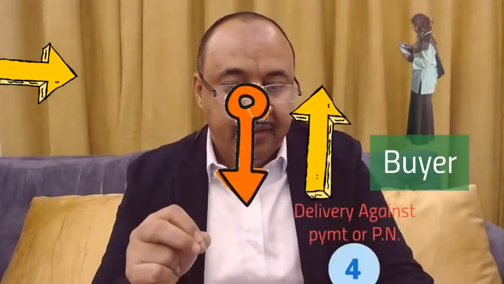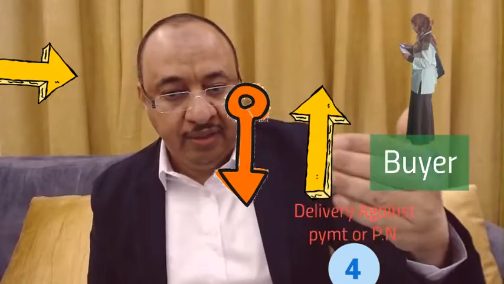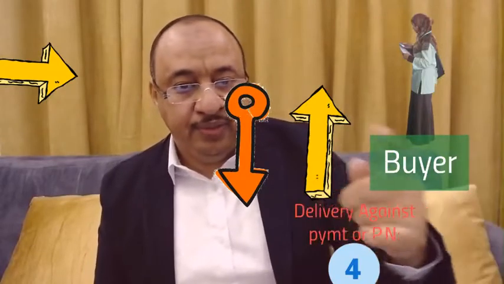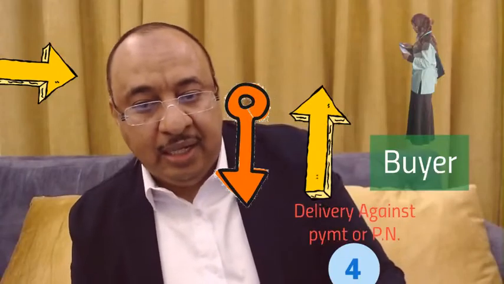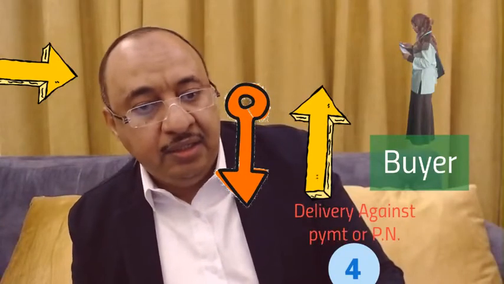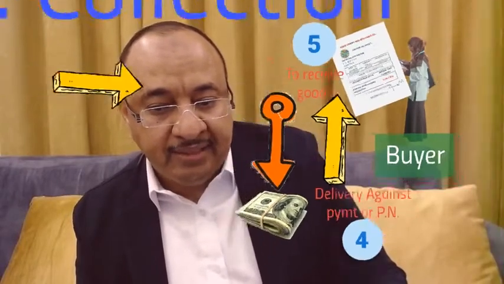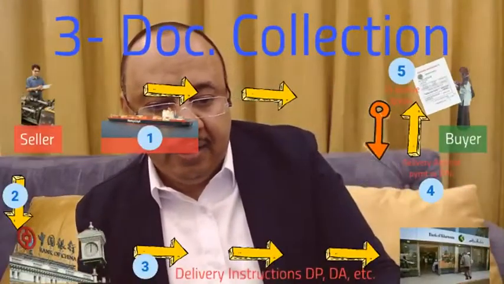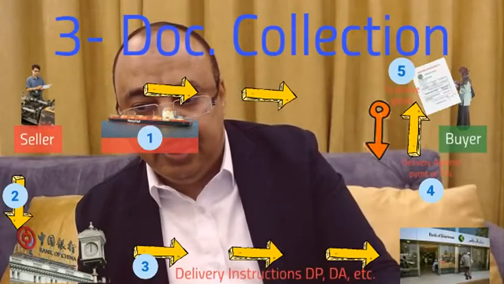Now let's assume that the instructions are to deliver the goods to the buyer against payment. Then the bank will receive payment and deliver the documents to the buyer, who would go and release her goods, and the payment will go through the banking system back to the bank in China and then to the seller.